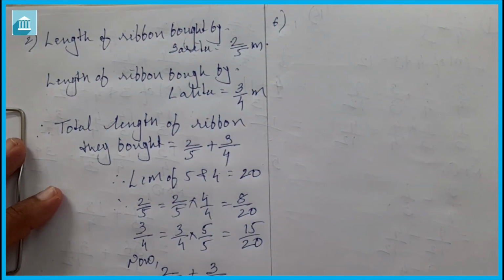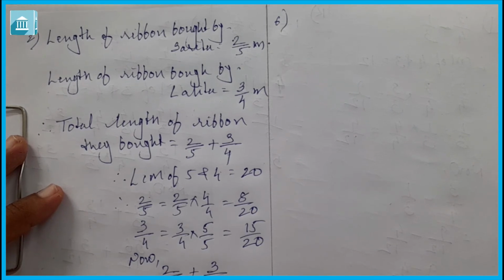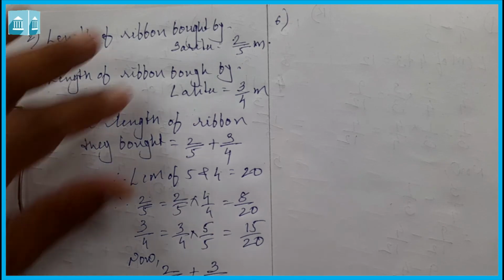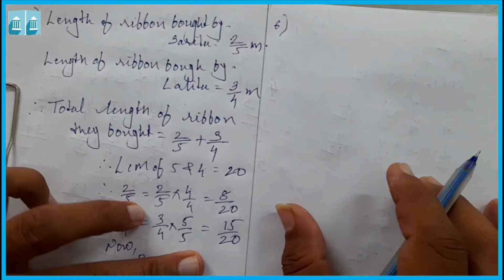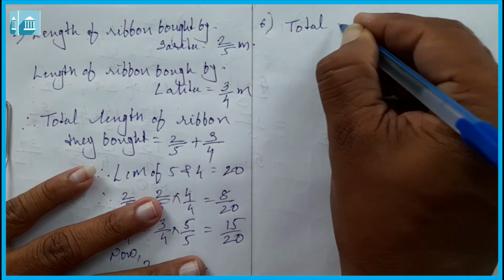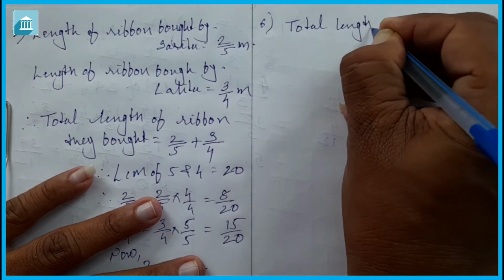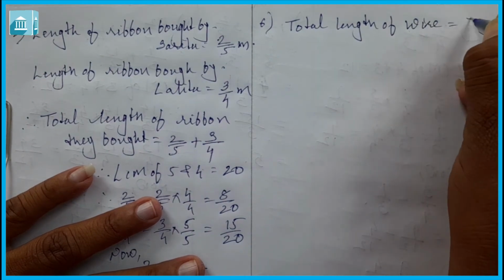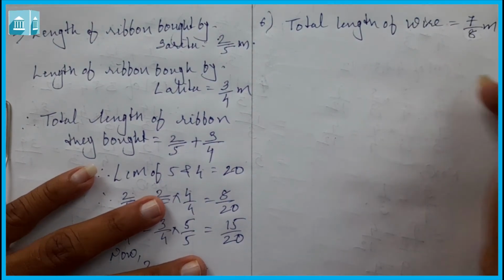Question number 6: a piece of wire 7 by 8 meter long broke into 2 pieces. So the total length of wire is given as 7 by 8 meter.